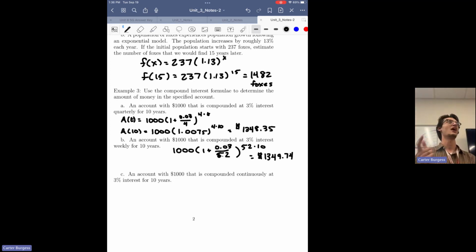Another fun fact is that the interest rates that banks charge you generally do compound like this, and the ones that they give you generally don't. So a 3% interest rate that you are being charged will cost you more money than a 3% interest rate that you are getting added to your account. Fun fact.